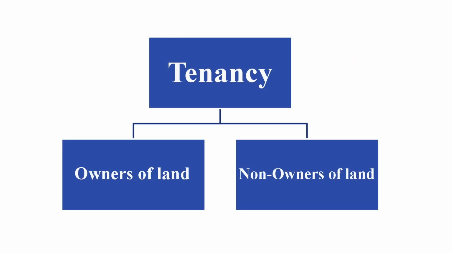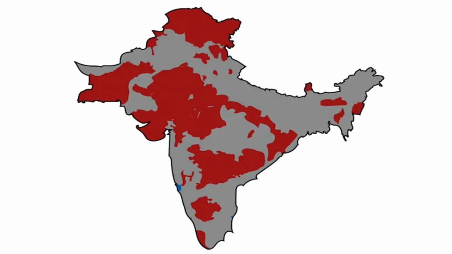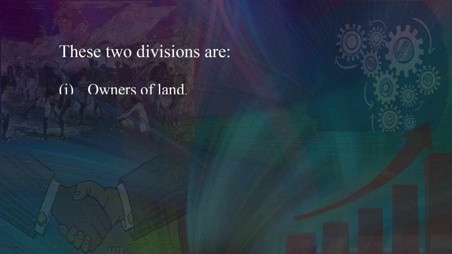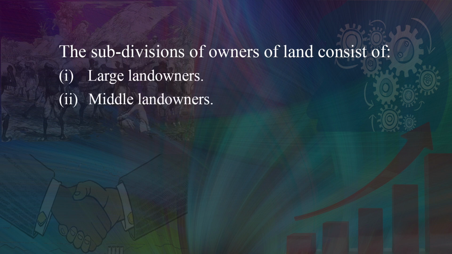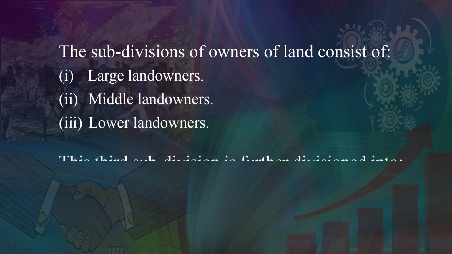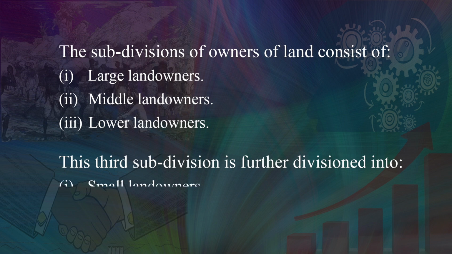For instance, tenancy on a broader plane has 2 divisions, and more or less it includes most parts of the country. These 2 divisions are number 1, owners of land, and number 2, non-owners of land. The subdivision of owners of land consists of number 1, large landowners, and number 2, middle landowners, and third, lower landowners.